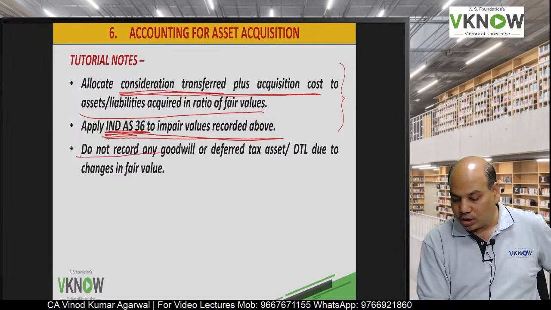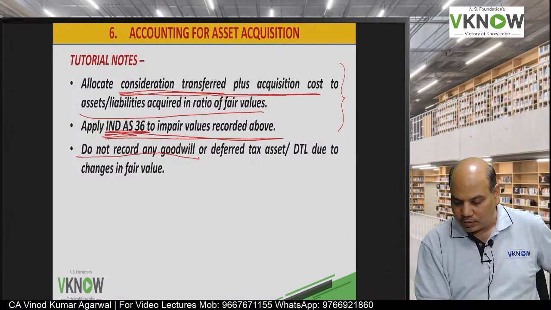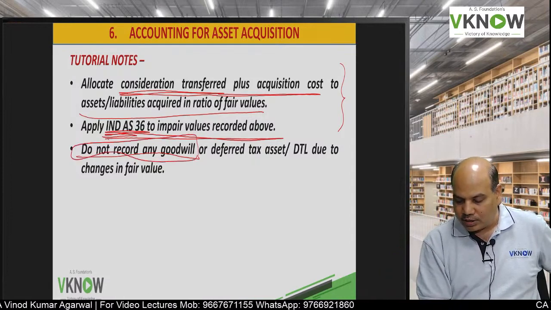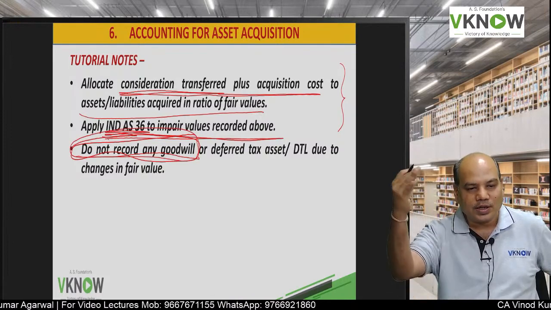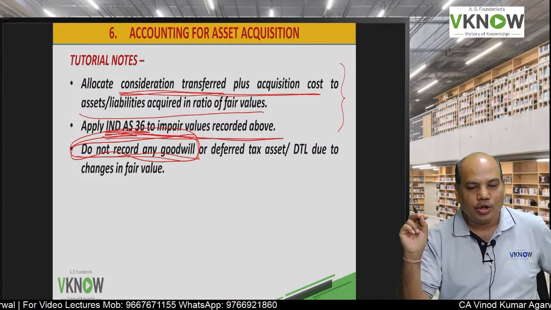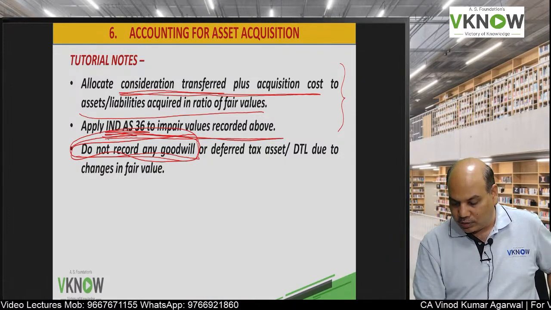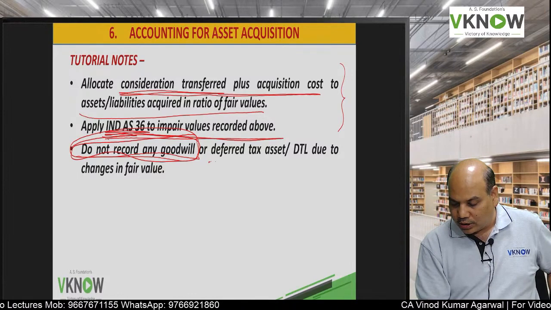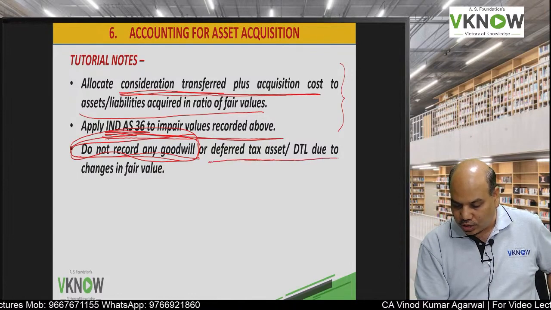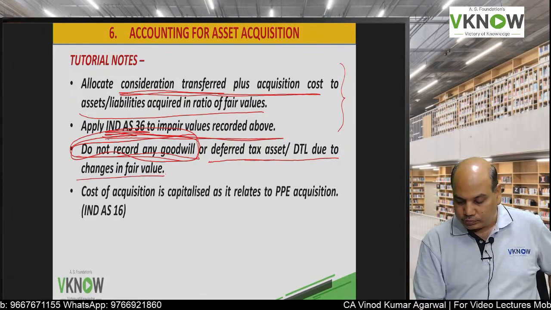Do not record any goodwill. Why? Sir, in my 12th standard they taught us to write the difference as goodwill. 12th standard is over. This is asset acquisition, not business combination. So do not record any goodwill. Do not record any deferred tax asset or liability due to change in fair value.